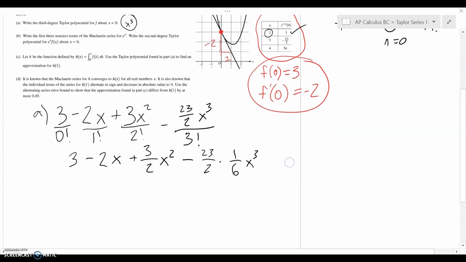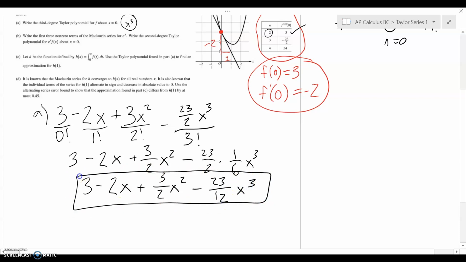And if I then simplify this, we've got 3 minus 2x plus 3 halves x squared minus 23/12 x cubed. And that would be our third degree Taylor centered around x equals 0, or our third degree Maclaurin for the function as they've defined it. And again, we're using a blend of the graph as well as the table that they've given us.